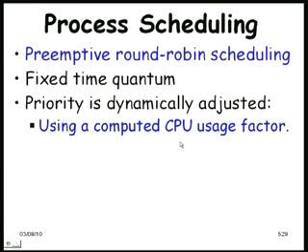If it ran through the entire slice, then its priority will decrease. If it could use only a small part of the CPU slice, because possibly it had to block for IO or something, its priority will increase. If it used the full time slice allocated to it, its priority will decrease. If it could not use its time slice because possibly it had to wait for IO or some event, its priority will increase.